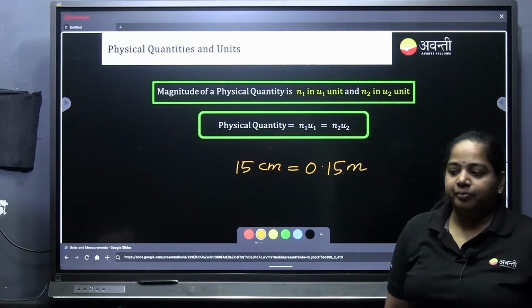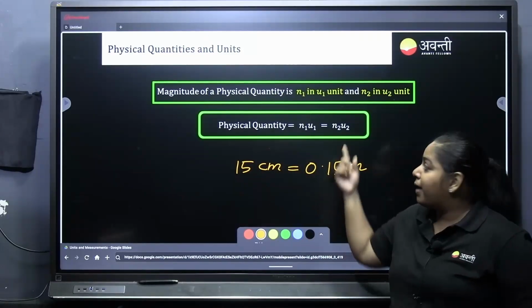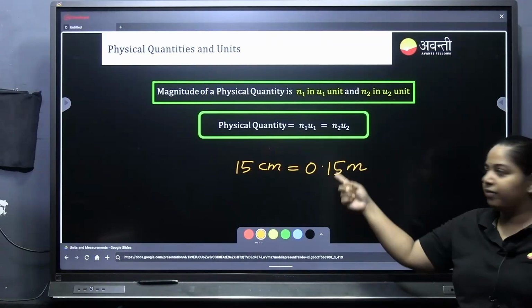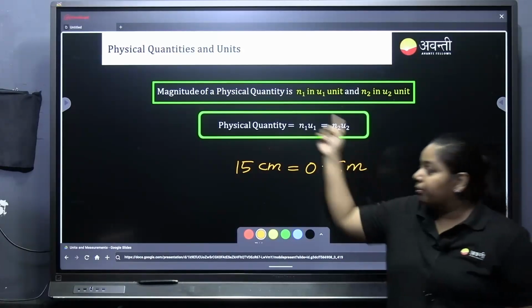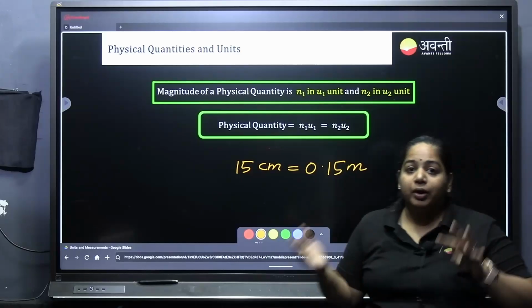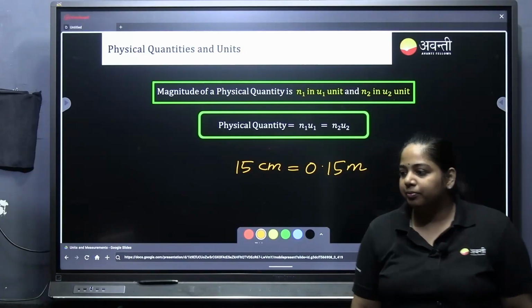Yes or no? So both are equal, right? But the magnitude changed. N1 is 15, N2 is 0.15, U1 is centimeter, U2 is meter. This is what is meant by this equation. So we can convert from one unit to another, but what will change? Magnitude will change. Is it clear for all?